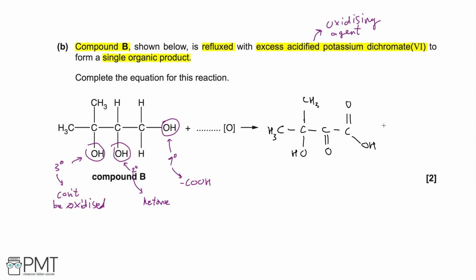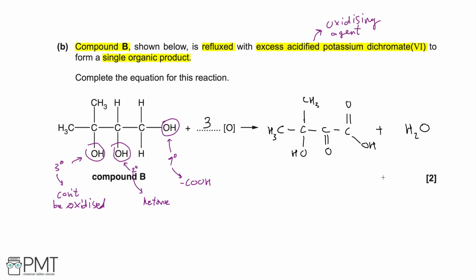Now we know that when we do oxidations with acidified potassium dichromate, we form water as a byproduct. So we need to think about how many steps of oxidation we've gone through to balance our oxidizing agent. And we did 2 steps of oxidation with the primary alcohol and 1 step of oxidation with the secondary alcohol. So this is going to be 3 equivalents of acidified potassium dichromate, which has been drawn with this O in square brackets to symbolize an oxidizing agent.